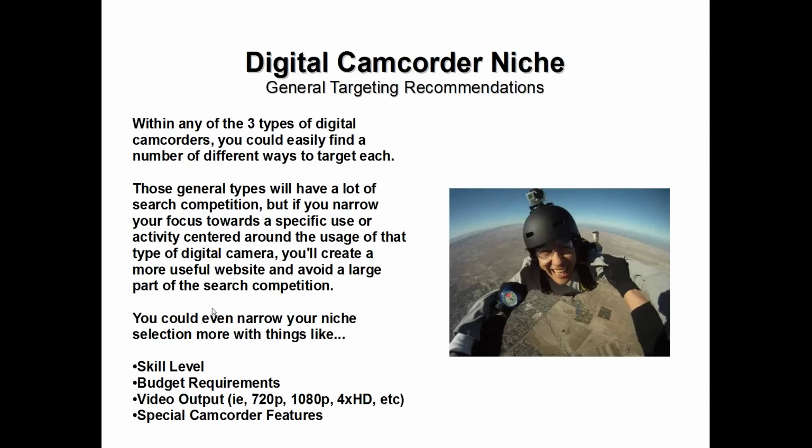But if you are taking a type of digital camcorder and a usage for that digital camcorder, and then even narrowing it down one way or another with something off of this list here at the bottom, then you will most likely be getting yourself to a highly focused niche that you can actually cover in a reasonable number of pages on your website, and you will be able to get search traffic for that niche much, much easier.